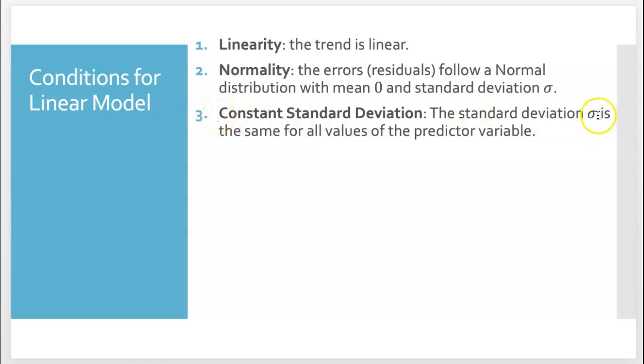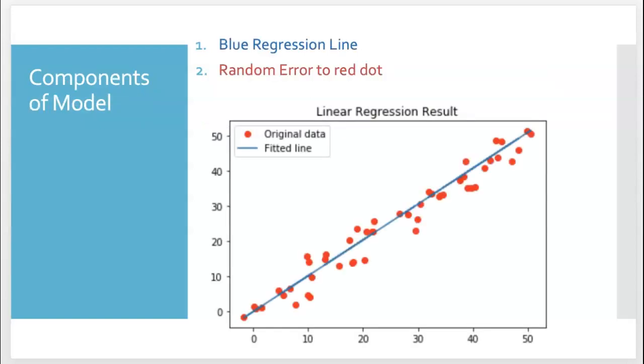So it means the standard deviation sigma is the same for all values of the predictor variable. So if we're just looking at this graph here, I have actual values above, below, above, below, above, below, above, below, right? So we can say that my errors are going to be centered around 0.